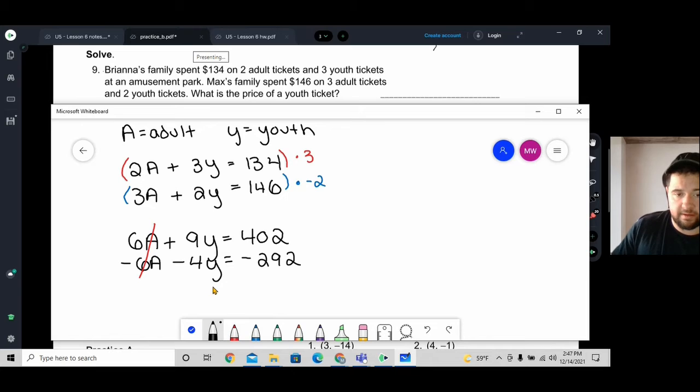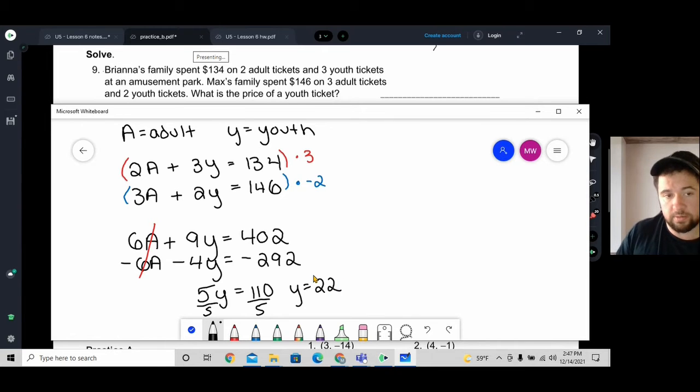And I'm going to be left with 5Y equals 402 minus 292, which is 110. Divide everything out by 5, and we get Y equals 22. We're going to take this and plug it into our equation.